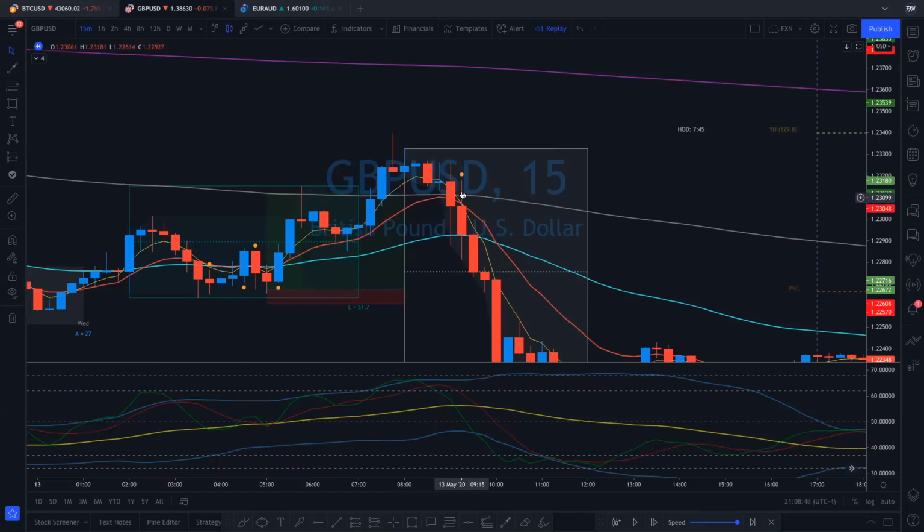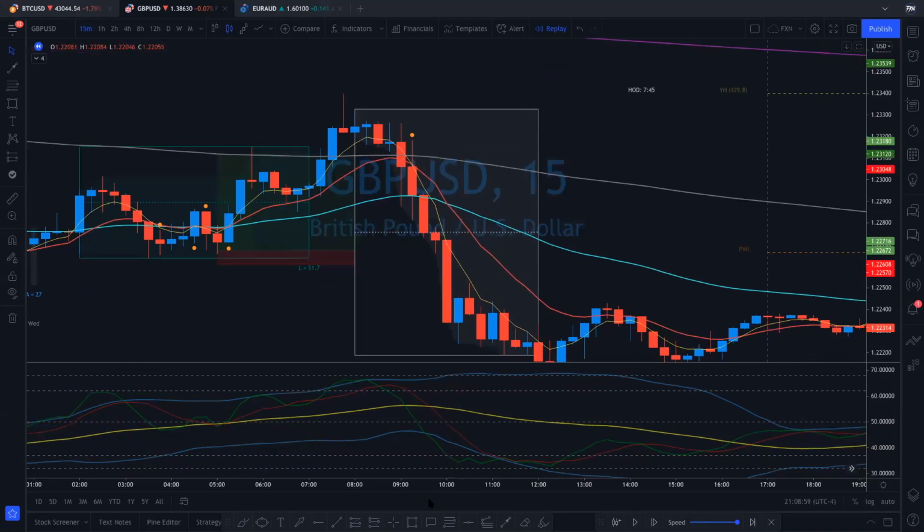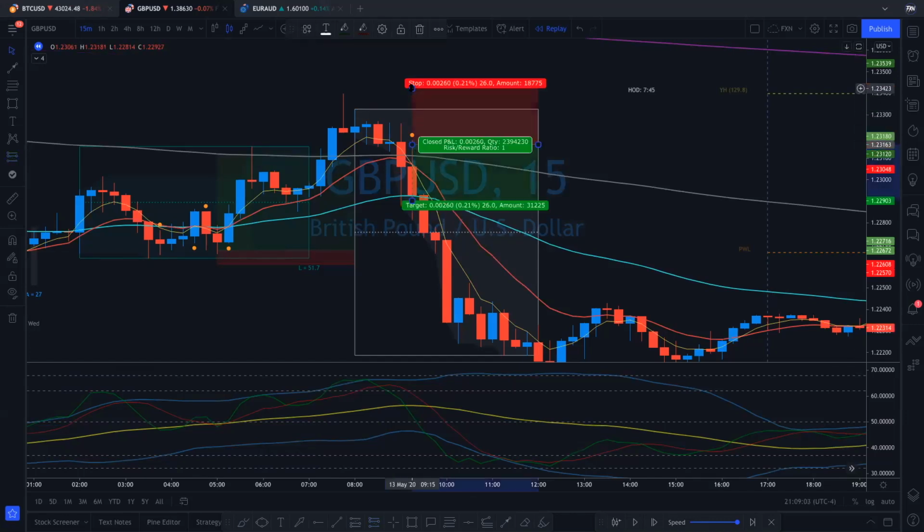So there is an entry here for you. You just got to be paying attention to it. Because this is like the 9:15 candle here, so there is definitely an entry here on this pullback. Without this pullback, it's not possible. You know what I mean?